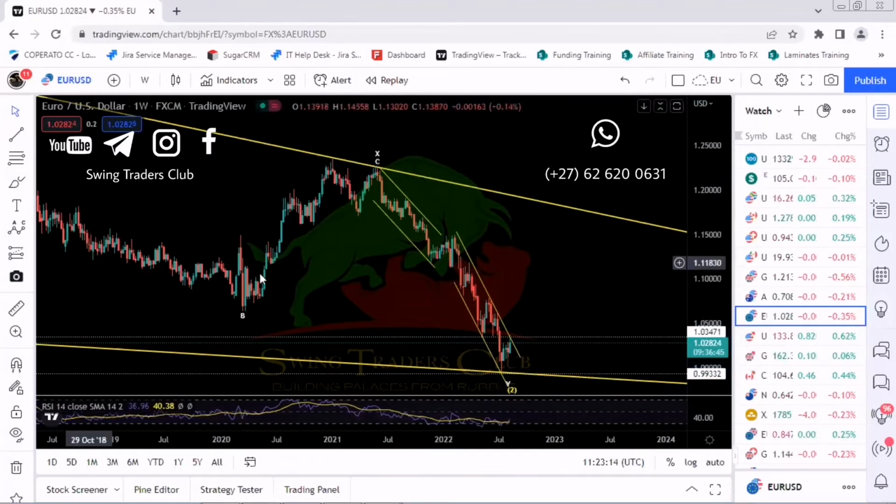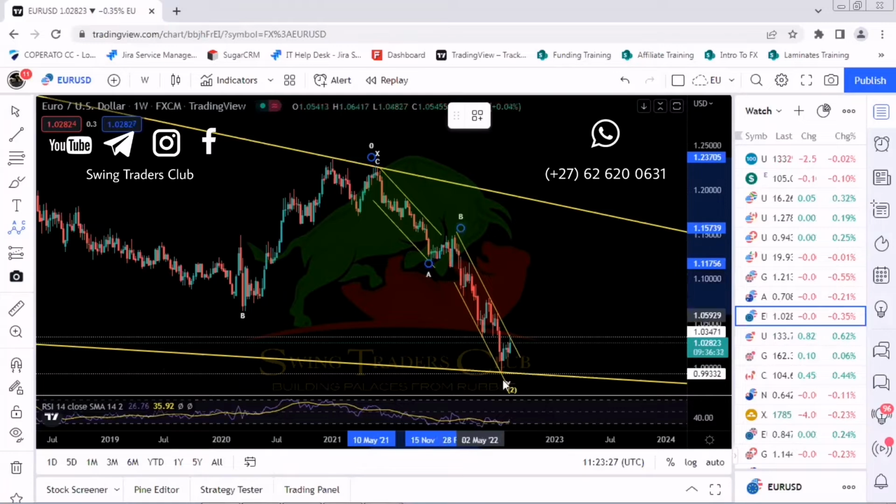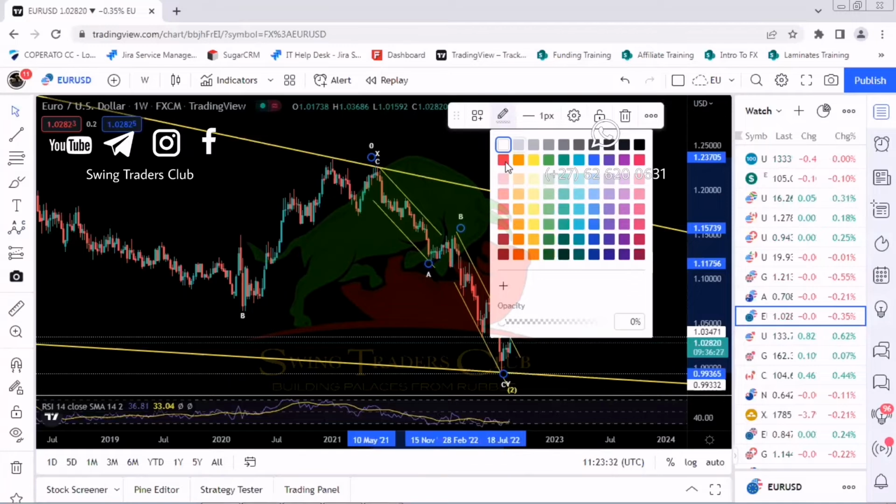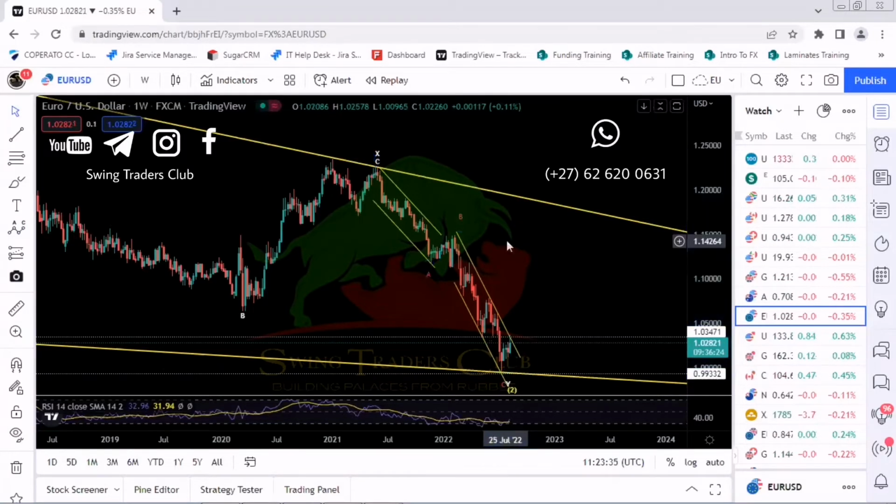Okay, so I'm gonna label this. So this was 1, 2, 3 to give me my first leg. So this 1, 2, 3, and then to give me this. But let's change the color now because this color is for the outer one. Okay, yeah, this one is visible.